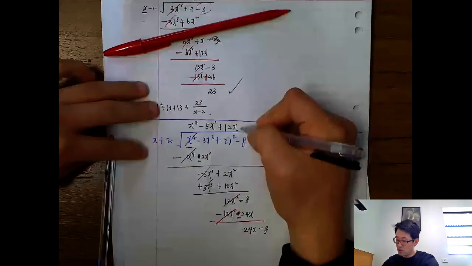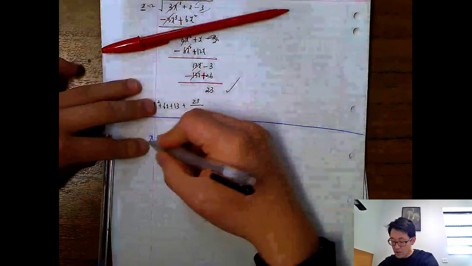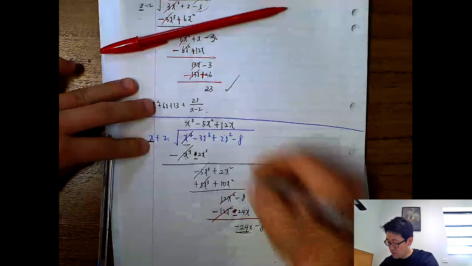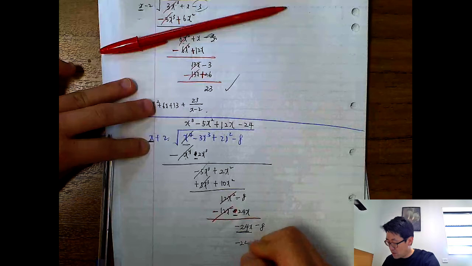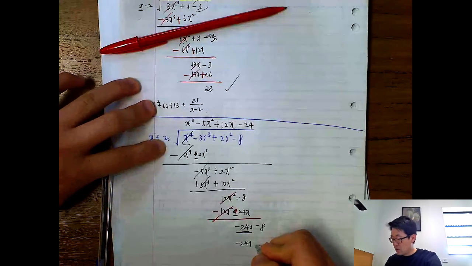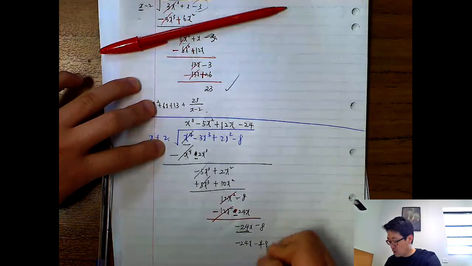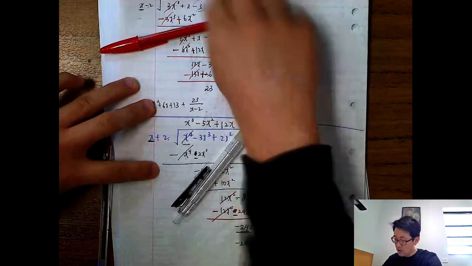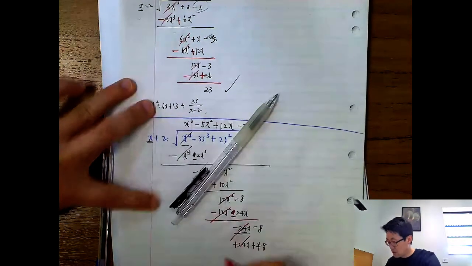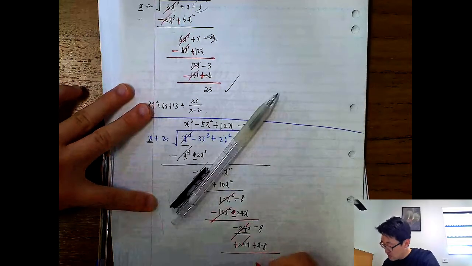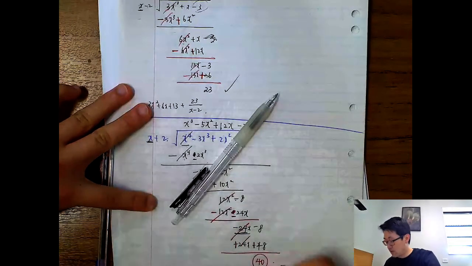I can continue more. X, always just check the first one. First, minus 24. Therefore, minus 24x times 2 is minus 48. And then minus, plus, cancel that out, plus 40. Okay?